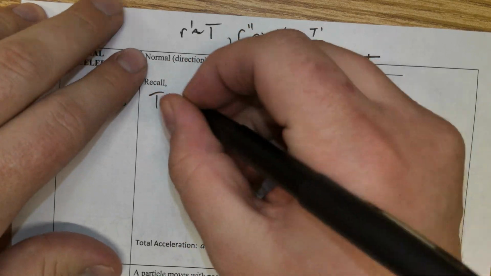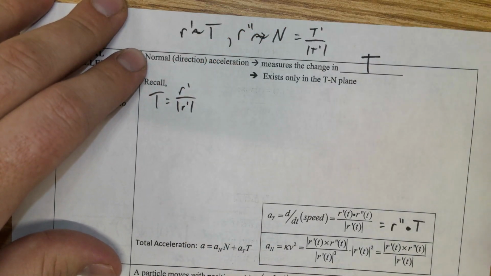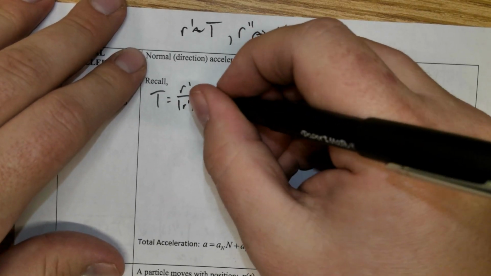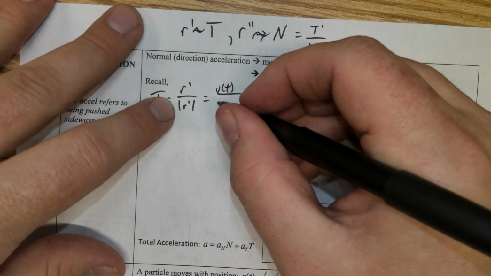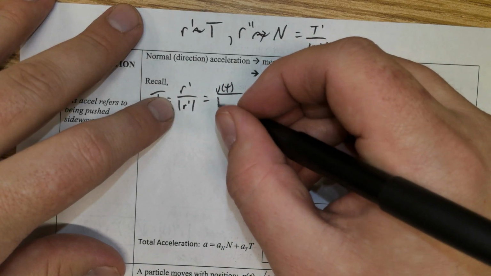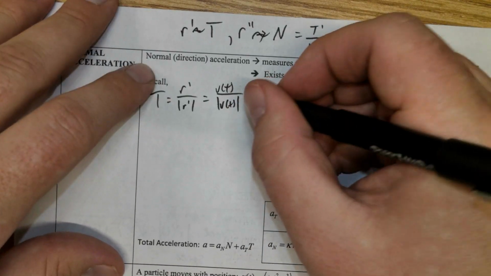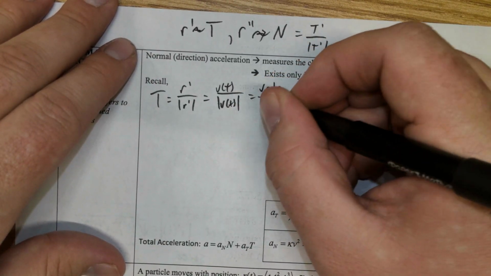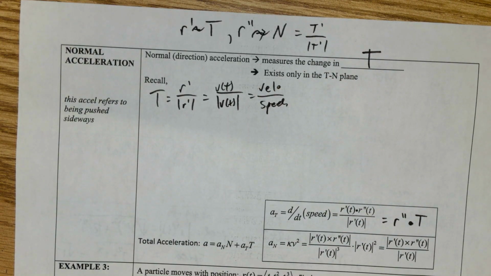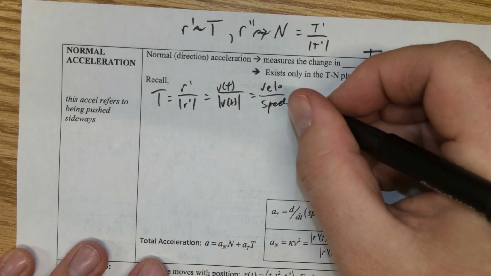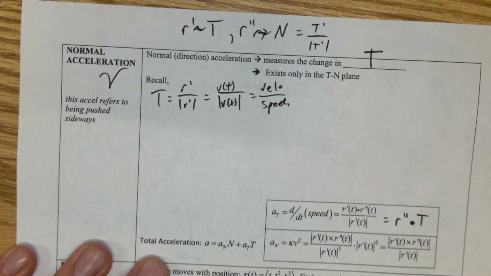Things like t is r prime divided by the magnitude of r prime. Well, we know r prime is v of t, velocity, where this would be the magnitude of the velocity. So t is actually velocity divided by speed. Now, technically, velocity is v, and speed is like this fancy v.